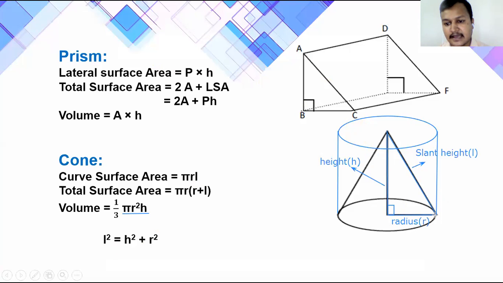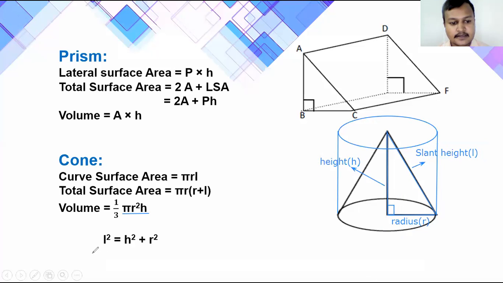In this right angled triangle, which one is the hypotenuse? Slant height is the hypotenuse, isn't it? And this is the perpendicular, this one is the base, the radius at the bottom. Height is perpendicular, slant height is hypotenuse. Hypotenuse always lies opposite to 90 degrees.